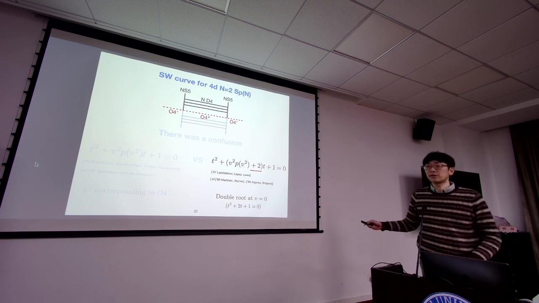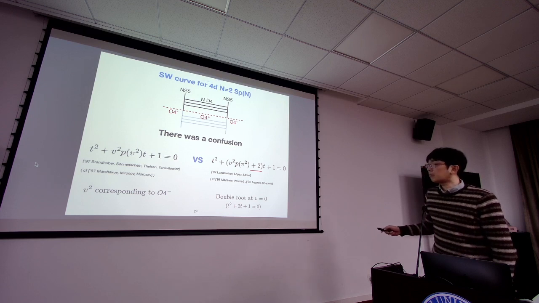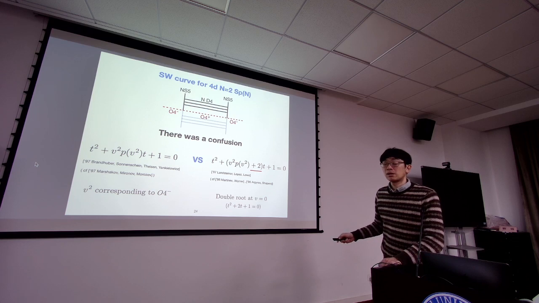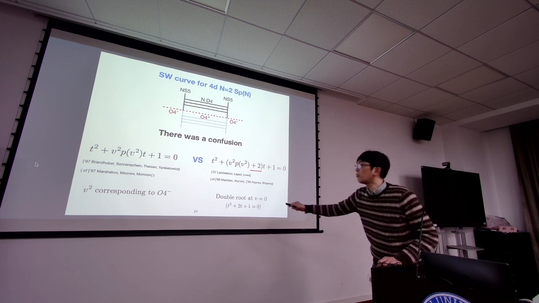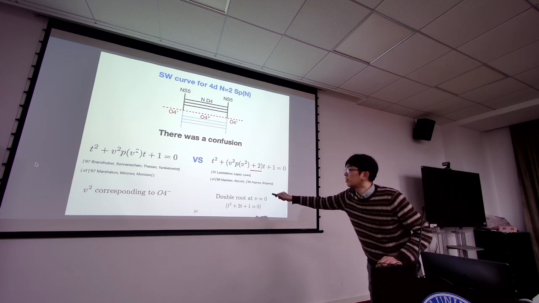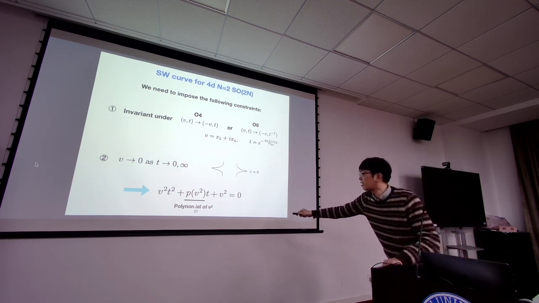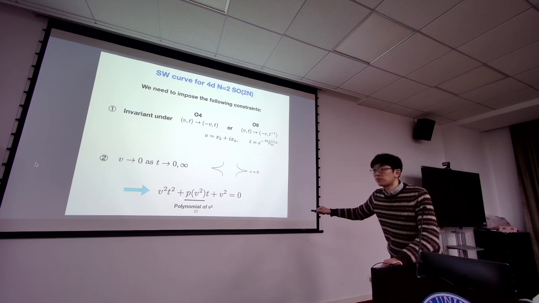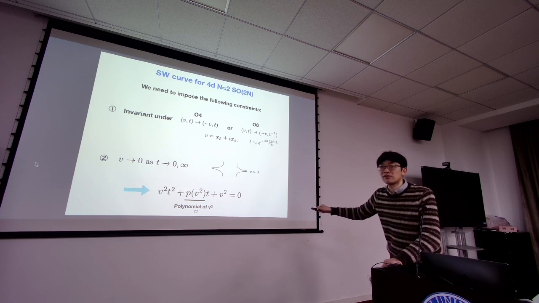So nowadays, the curve would depend on the moduli, right? Could it be that there are different points in the moduli space? The dependence on the moduli depends on this P. This P of v square is a polynomial of v square. The top coefficient is actually the instanton factor, and the remaining coefficients are the Coulomb moduli.